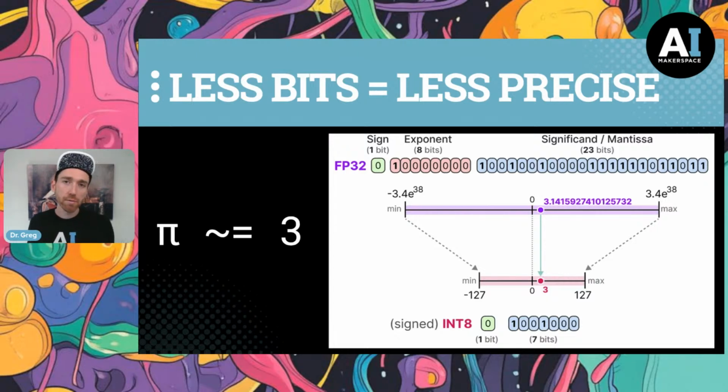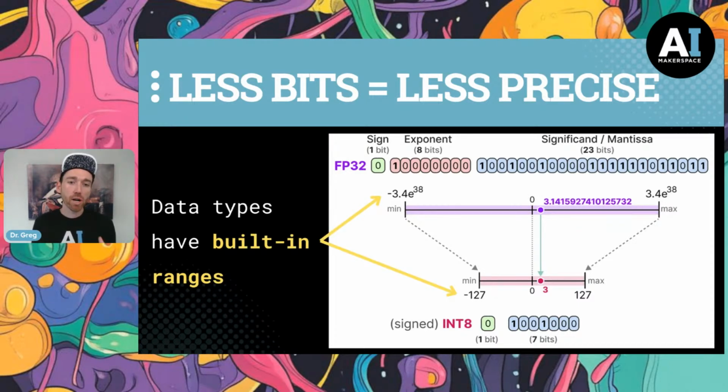When we think about precision and how we can represent numbers as floating point numbers or integers, the number of bits, in this case, the signed int 8 has 8 bits. The number of bits tells us how wide the range of possible values that we can represent are.